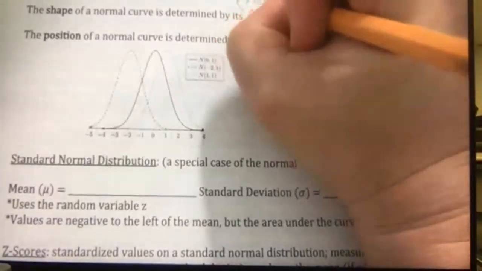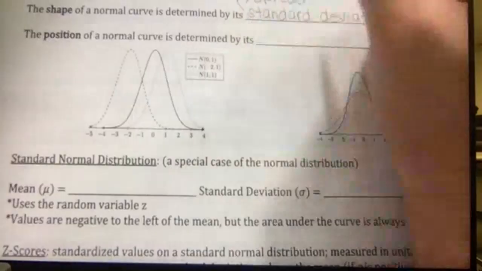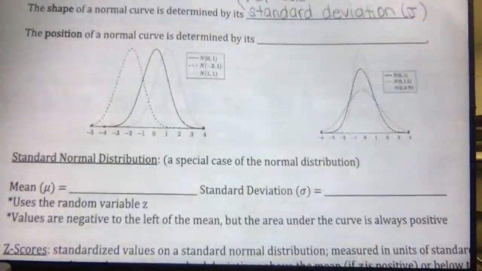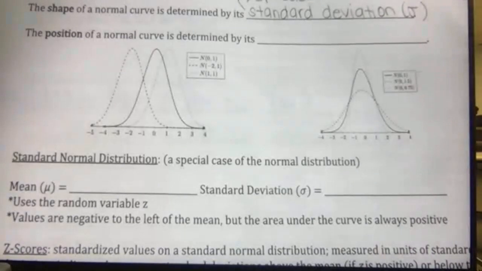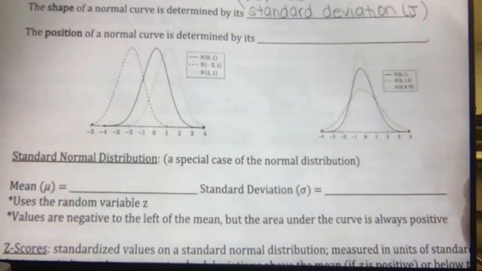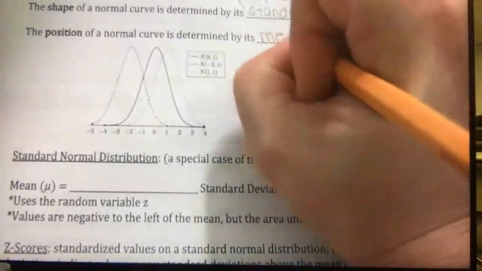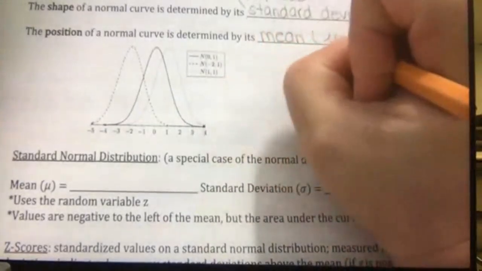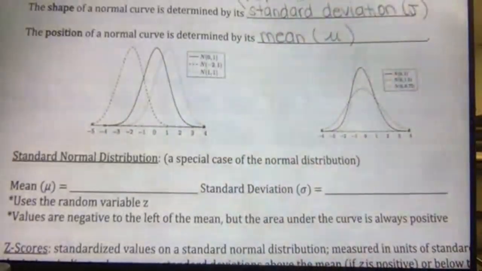So standard deviation is talking about how spread out the graph is. That's our spread, where the position of the normal curve is determined by its mean. Remember, our mean is our mu value. It's centered about the mean.